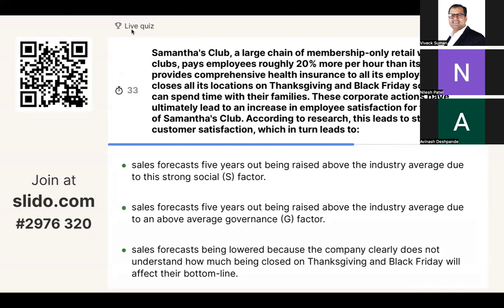Go ahead. Samthas Club, a large chain of membership-only retail warehouse clubs, pays employees roughly 20% more per hour than its peers, provides comprehensive health insurance to all employees, and closes all its locations on Thanksgiving and Black Friday so employees can spend time with their families. These corporate actions have ultimately led to an increase in employee satisfaction at Samthas Club. According to research, this leads to stronger customer satisfaction, which in turn leads to sales forecasts five years out being raised above the industry average.